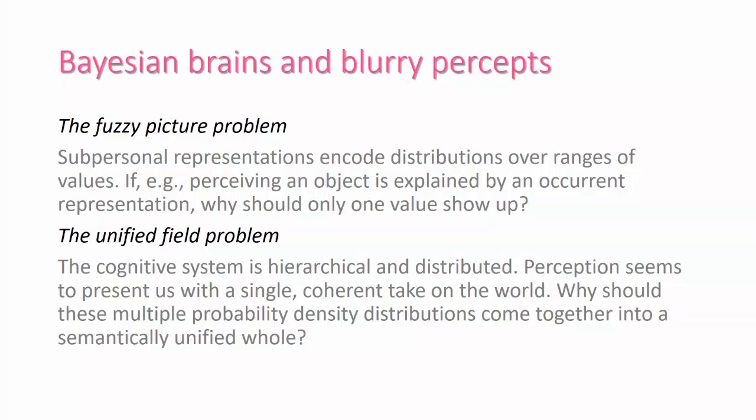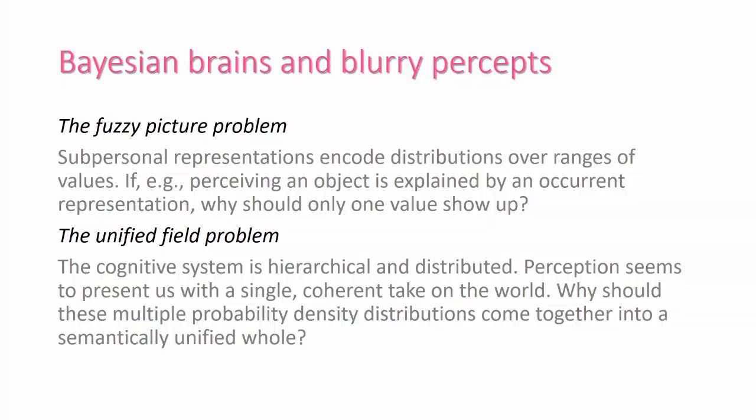I think that the probabilistic or statistical character of representations gives rise to what I'm calling the fuzzy picture problem. So if the subpersonal representations that we explain the content of our personal level representational states by encode a range of values, we might worry why it seems to us that our experience presents us with a single value.